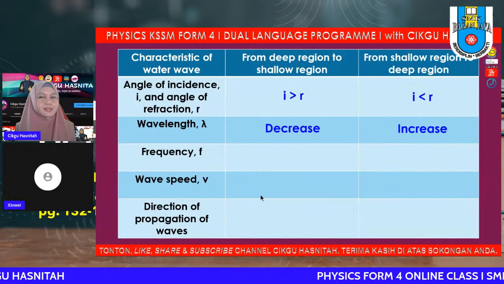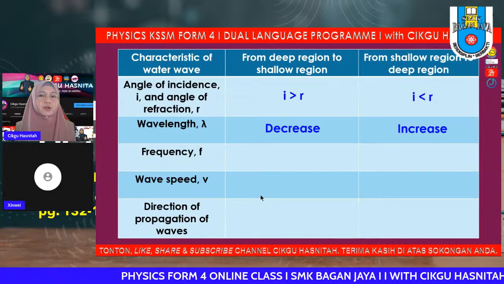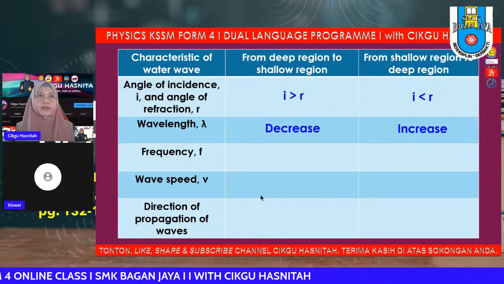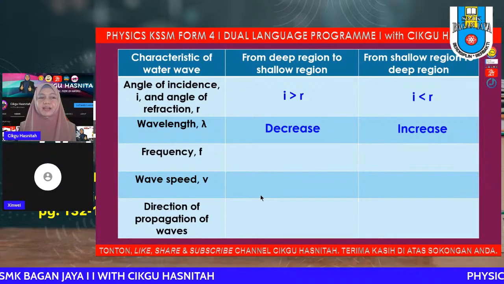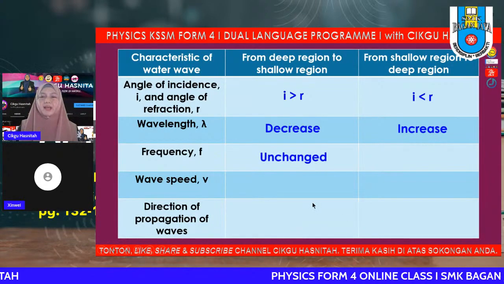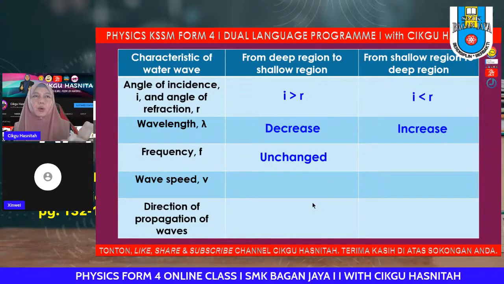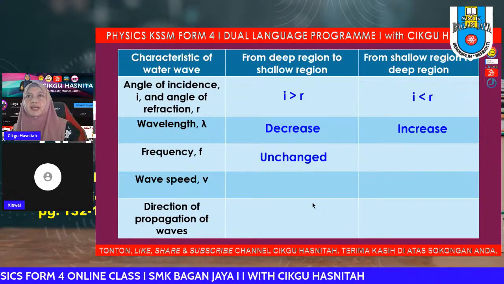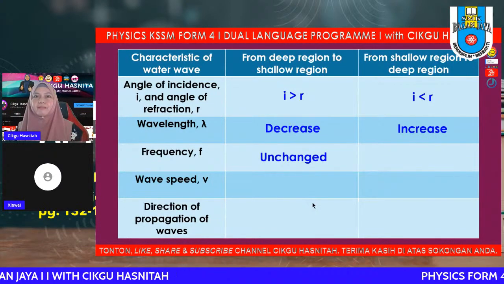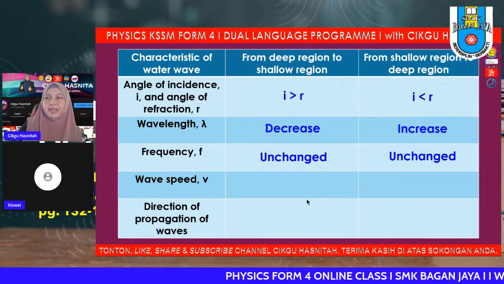Because they are coming from the same source of wave, the same vibrator producing them. The waves are produced by the same vibrator, so they are coming from the same source. So that's why the frequency remains unchanged. Remember, for either reflection or refraction, the frequency does not change because the wave is coming from the same source.